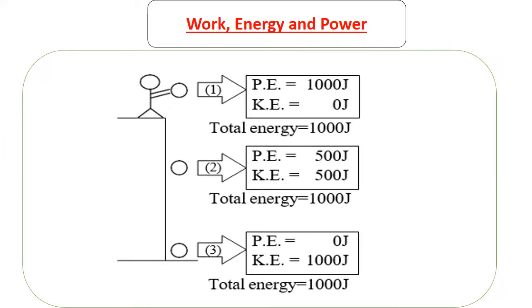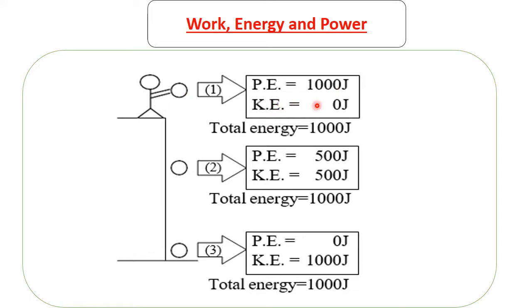Let's take a look at two cases which analyze conservation of energy. The first is throwing an object. Let's say this is a mountain, or it can be a house or anything. If this man is about to throw this ball, the potential energy before the ball is thrown is 1000 joules.